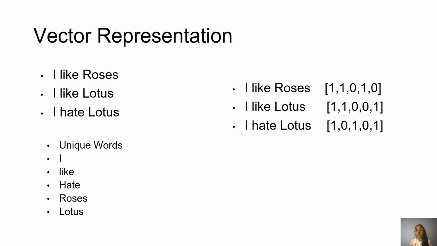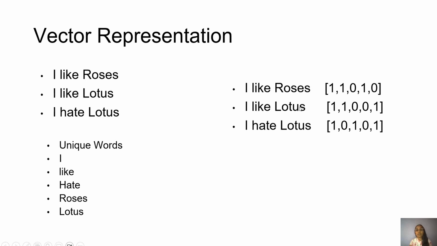If we want to represent I like roses, it will be 1 for I, 1 for like, because there is no hate, we put 0 in this order, and because there is roses, we put 1, and then because there is no lotus, we put 0. So I like roses will be represented as 1 1 0 1 0.